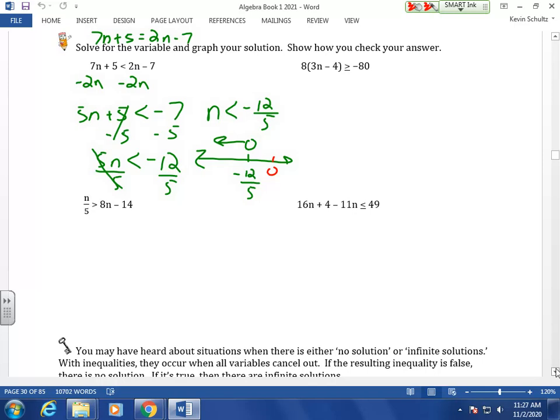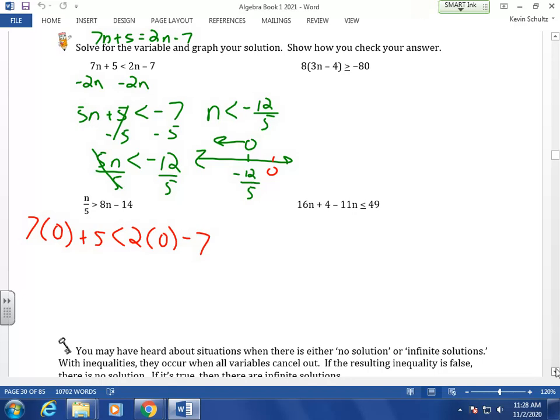But the reason why I like 0 is because when I plug in 0 for that 7n, and I plug in 0 for the 2n, what happens to that 7n and the 2n, now 7 times 0 and 2 times 0? They both just go away, right? Because anything times 0 is 0.